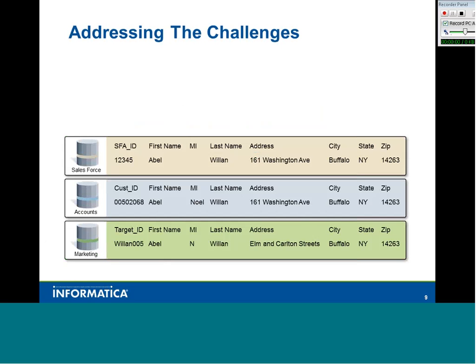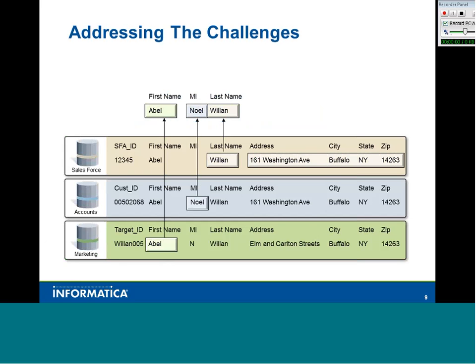Again, looking at a challenge here where data comes from all these different source systems, and as the data goes through, based on the understanding of which source system is providing which more reliable data, we will create a master record. So we believe for this particular example that marketing has a more trusted first name, followed by middle name from accounting, and the last name and address from Salesforce.